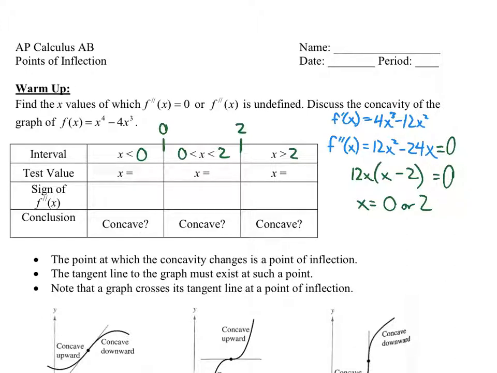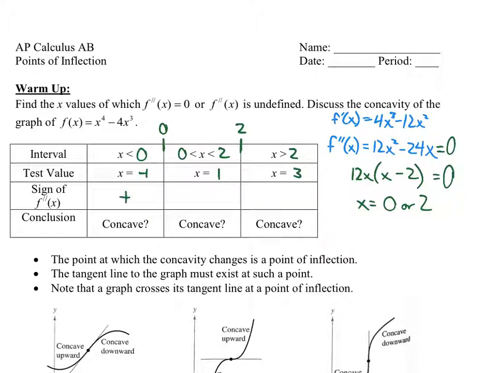We could try -1 here, 1 here, and 3 here. If we plug in a -1, what's the sign of our answer for the second derivative? Positive. We have a negative times -3, and we get a positive.